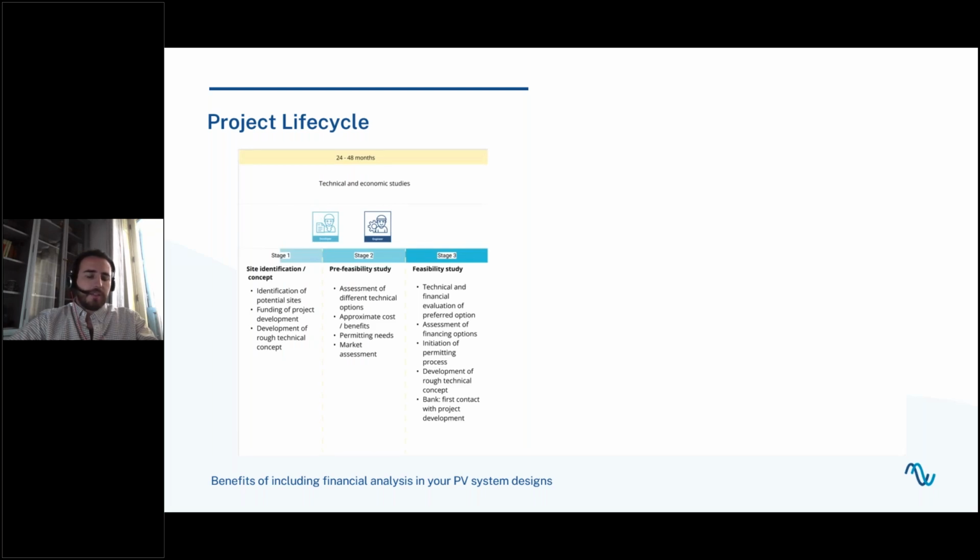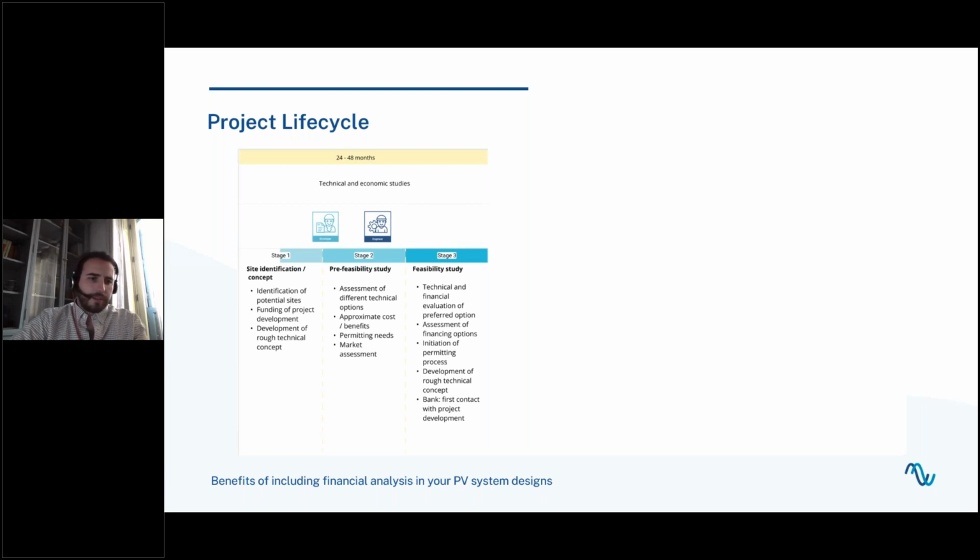And we can divide this timeline into different phases, okay? First, you will have to carry out all the economic studies and technical studies such as pre-feasibility and feasibility studies to prove the technical and economic viability of the project.